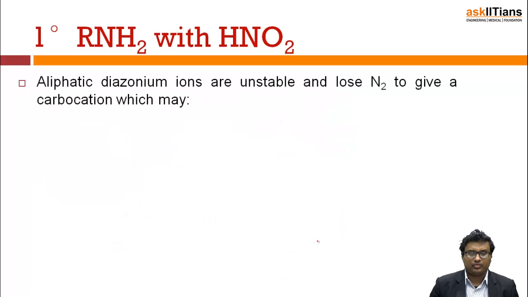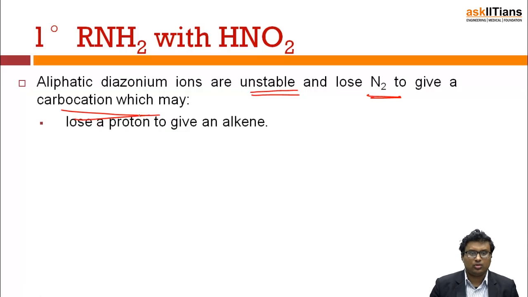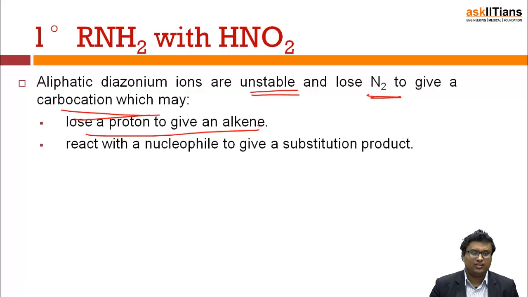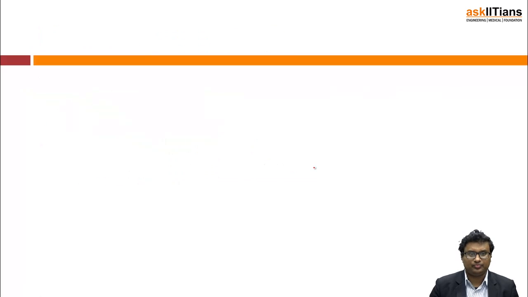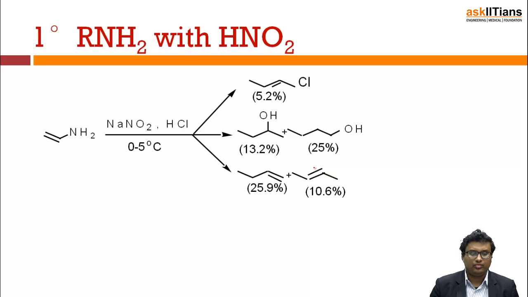Aliphatic diazonium ions are unstable and lose N2 to give a carbocation, which may lose a proton to give an alkene, or may react with a nucleophile to give a substitution product, or may rearrange and react by SN1 or SN2.